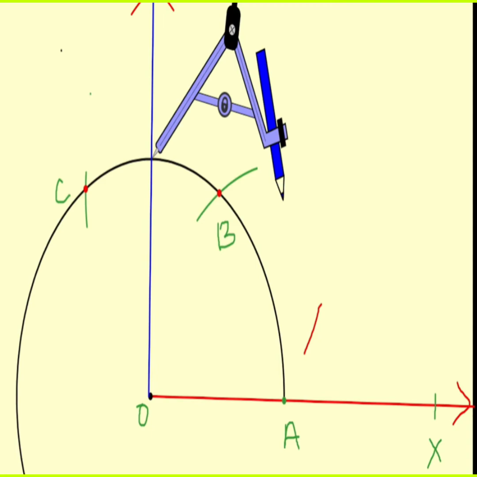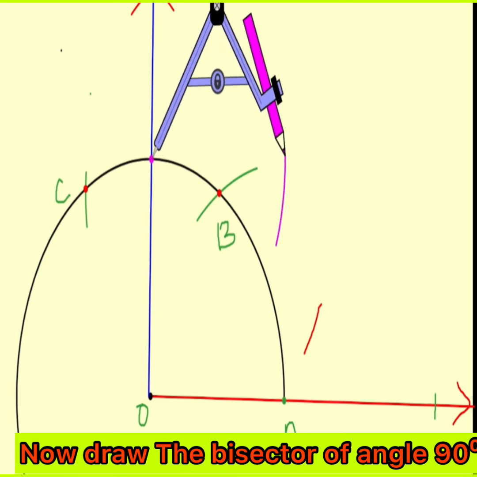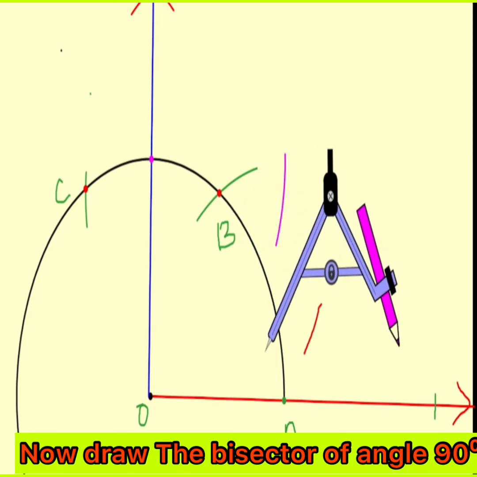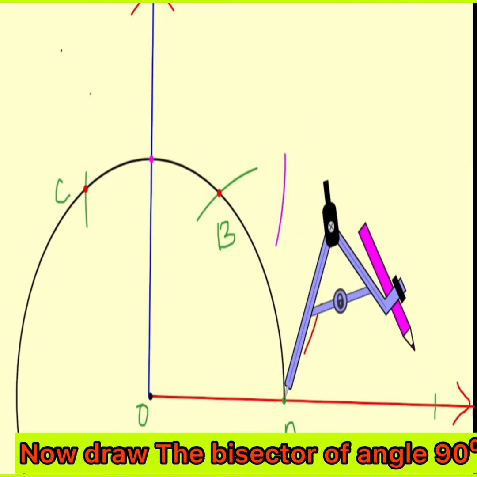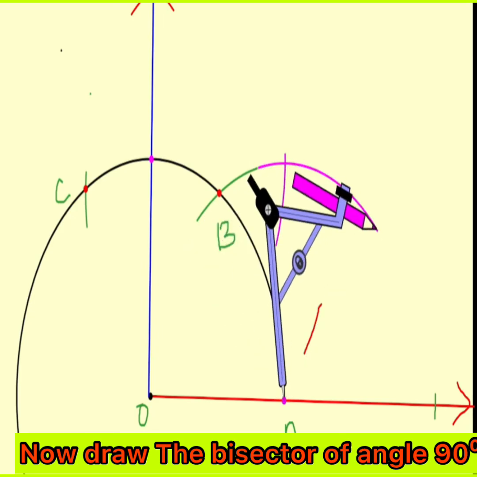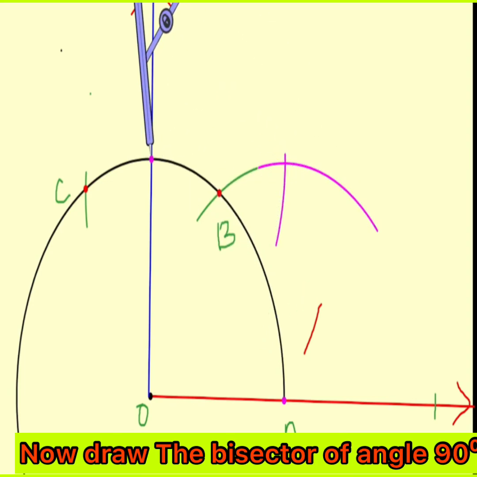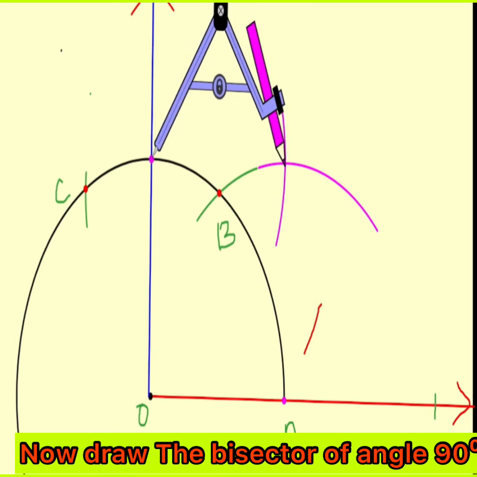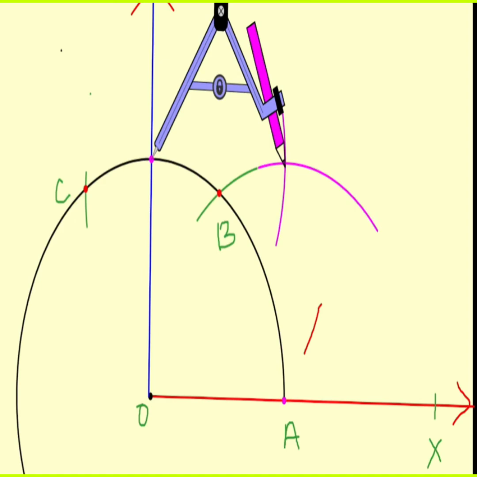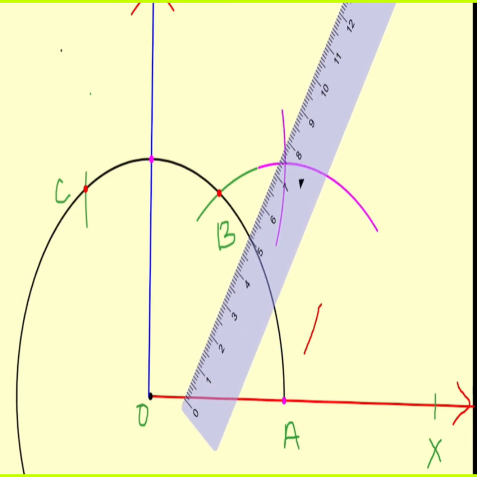You will get this arc, the pink one. Again placing the pointer of the compass at the point A, these two arcs intersect at a common point, and if you join this common point, then you will get angle 45 degrees. This is the construction.